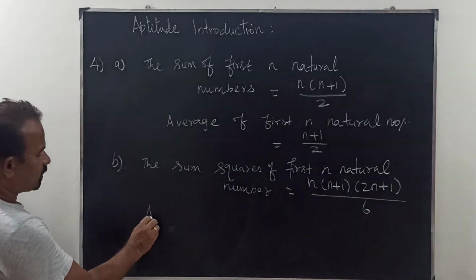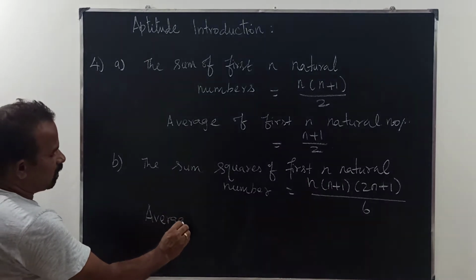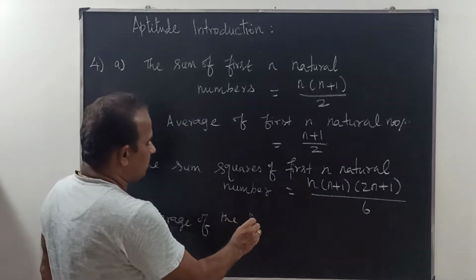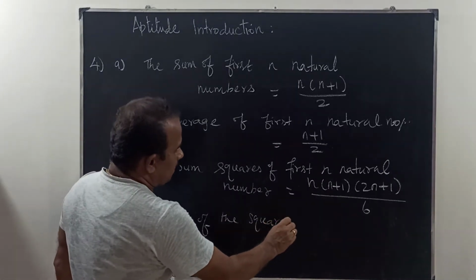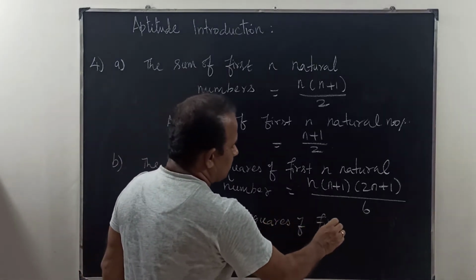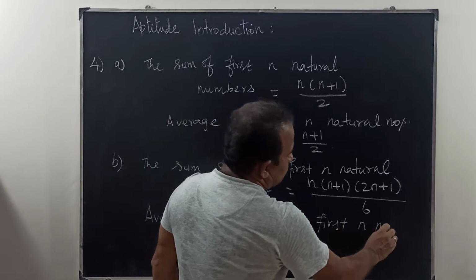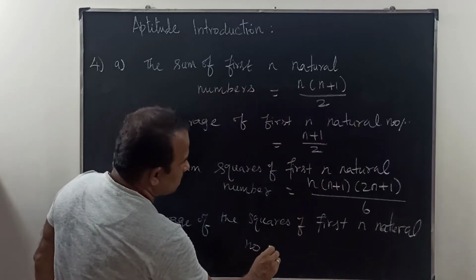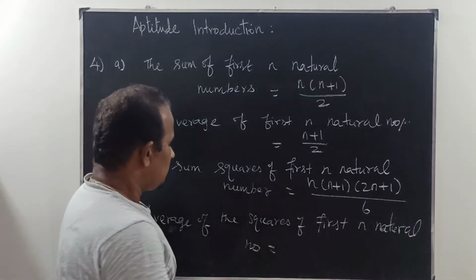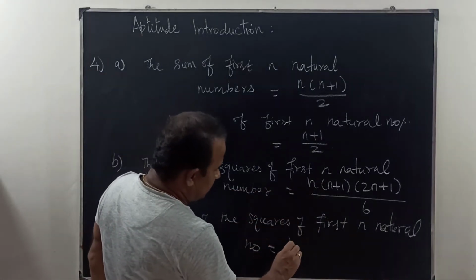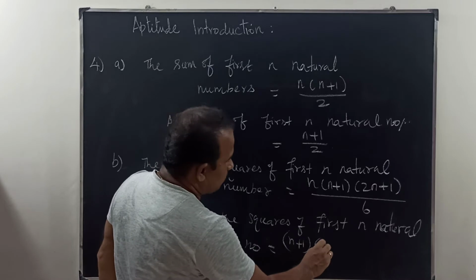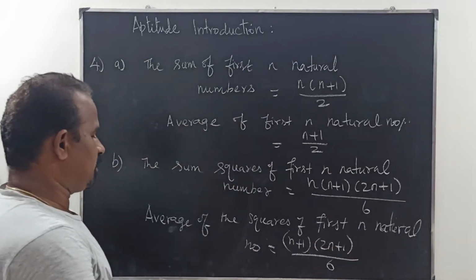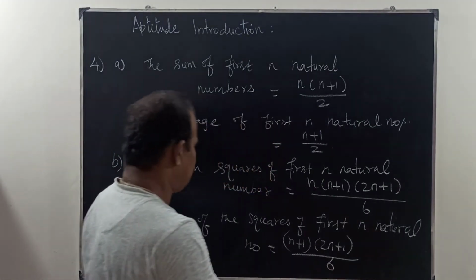Similarly, I can write the average of the squares of first n natural numbers is equal to, as n will be cancelled, (n plus 1) into (2n plus 1) divided by 6.